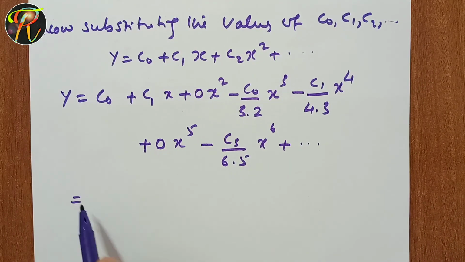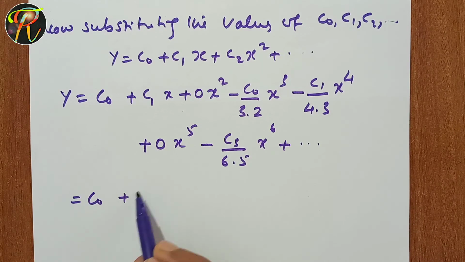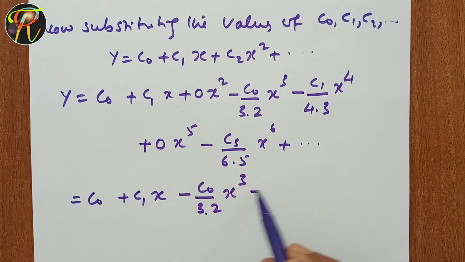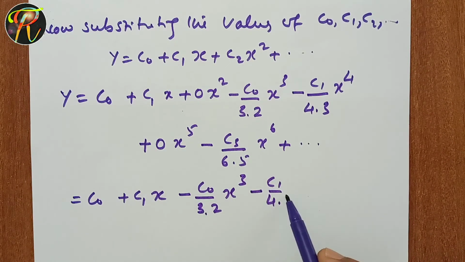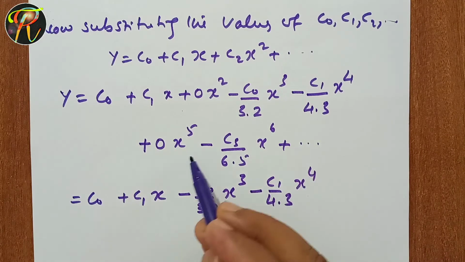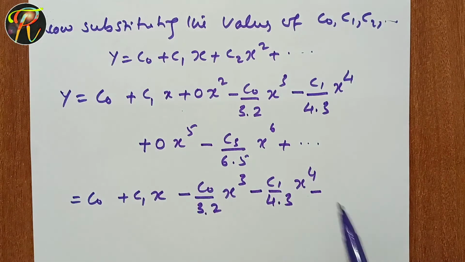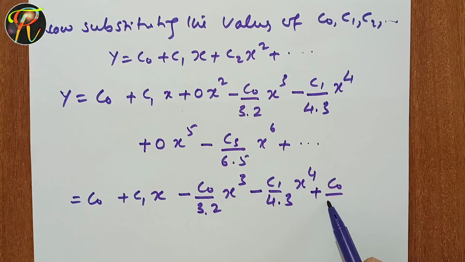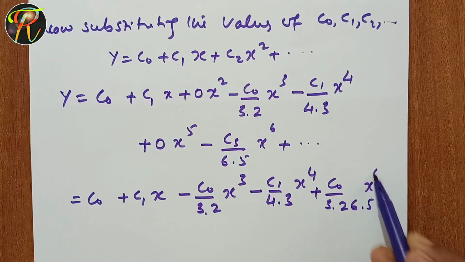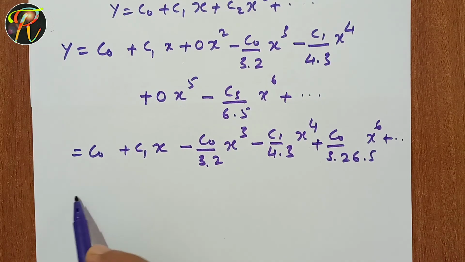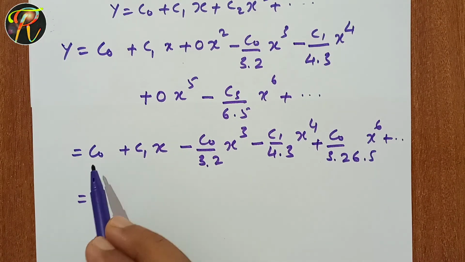So this is equal to C0 plus C1x minus C0 upon 3 into 2 x cube minus C1 upon 4 into 3 x4, plus 0, and C6 is minus C3 upon 6 into 5, where C3 is C0 upon 3 into 2, so plus C0 upon 3 into 2 into 6 into 5 x6, plus and so on. Now there are two constants, C0 and C1.